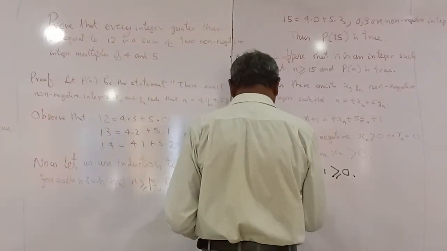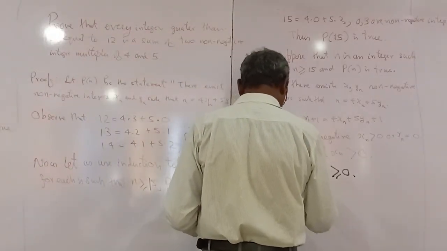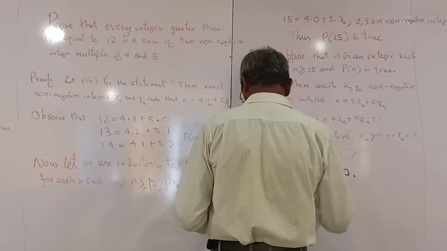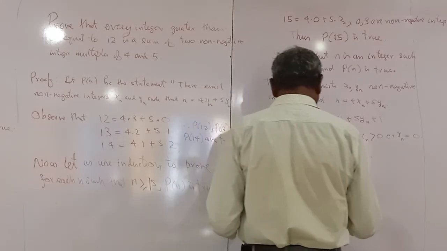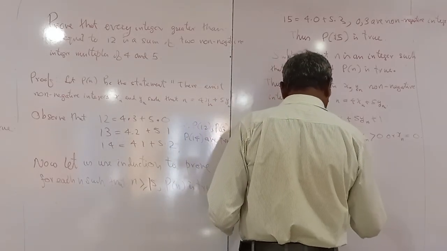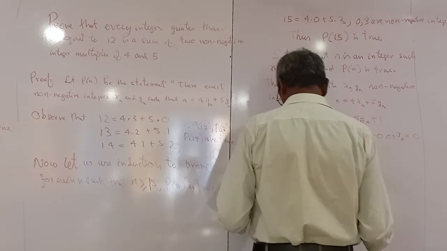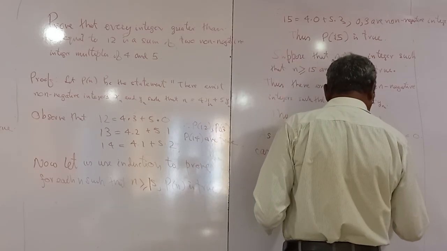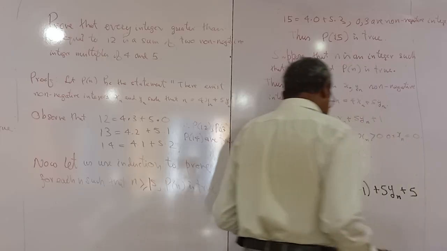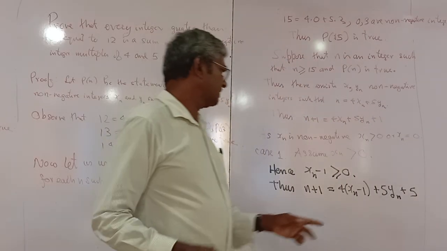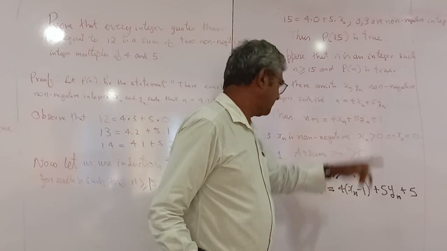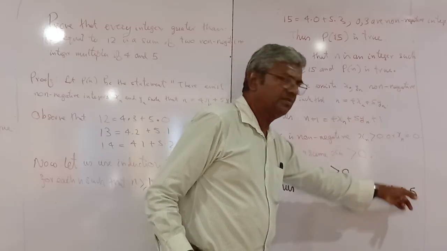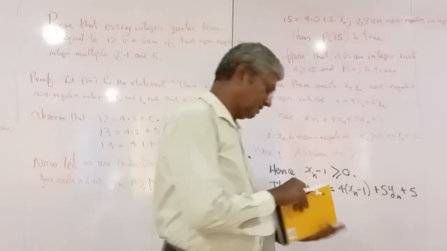Thus, n plus 1 is equal to 4 times (x_n minus 1) plus 5y_n plus 5, because minus 4 plus 5 is plus 1.